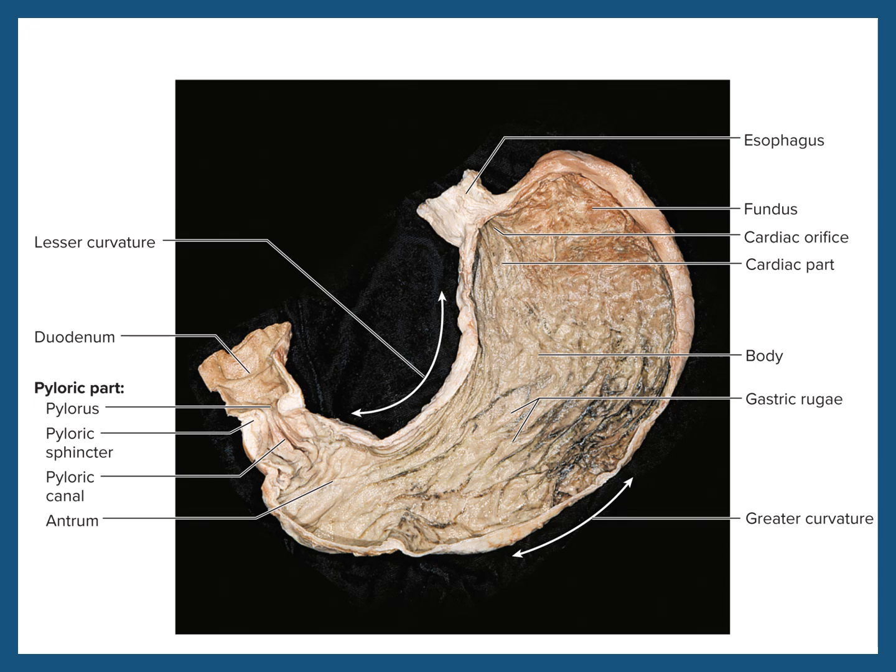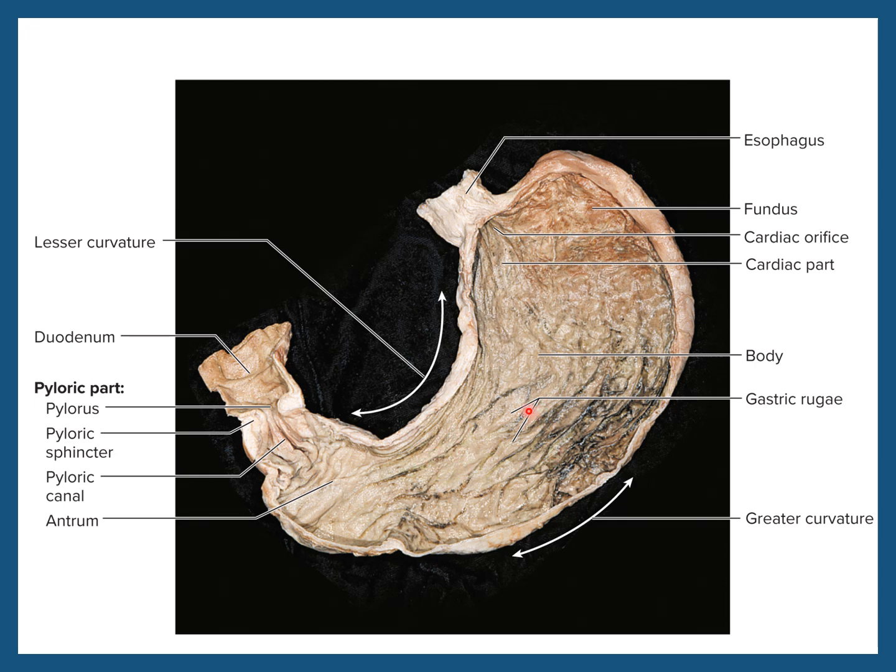And here we can see those same structures, but in a cadaver. We've got the esophagus here, and we'll have the cardia region here. We've got the fundus, that's this top portion, and then the body, and then we've got the greater curvature and lesser curvature. Oh, I forgot on the last slide to mention the gastric rugae.